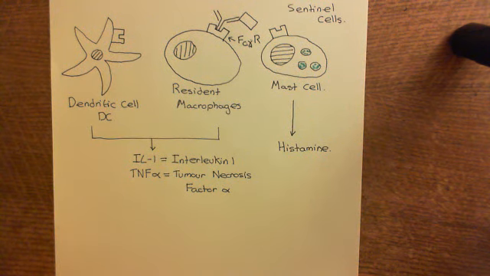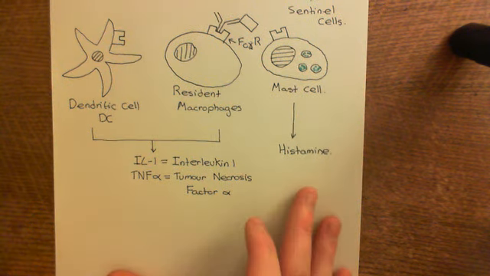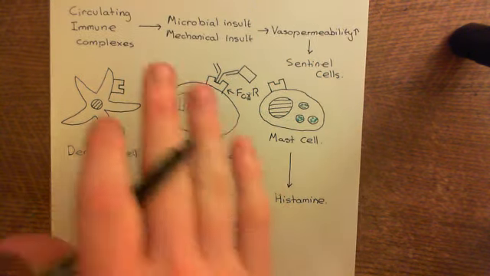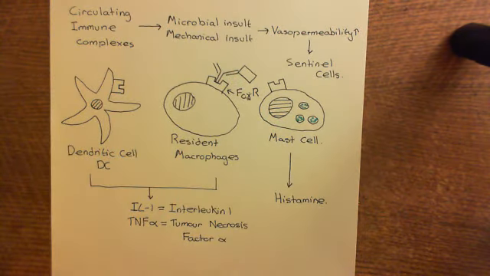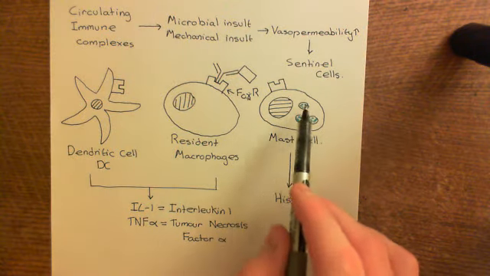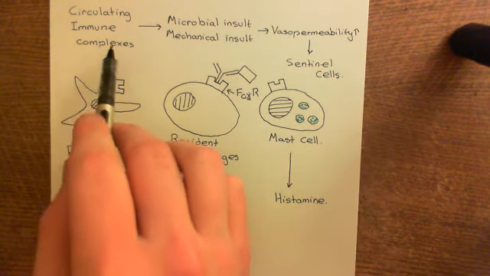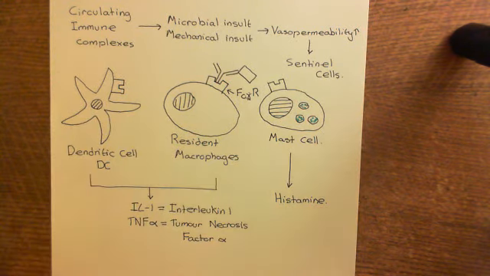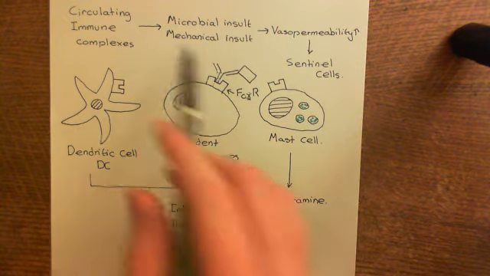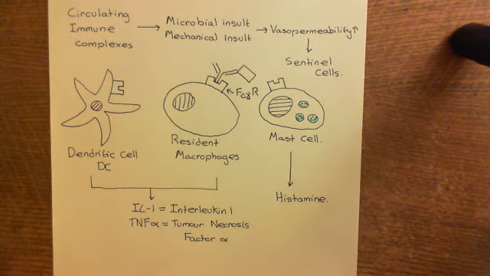I should also emphasize that it isn't completely understood whether this step of the microbial insult or mechanical insult is necessary. It seems logical that it would be necessary, but potentially the circulating immune complexes themselves are capable of initiating the acute inflammatory response without any mechanical insult or microbial insult.